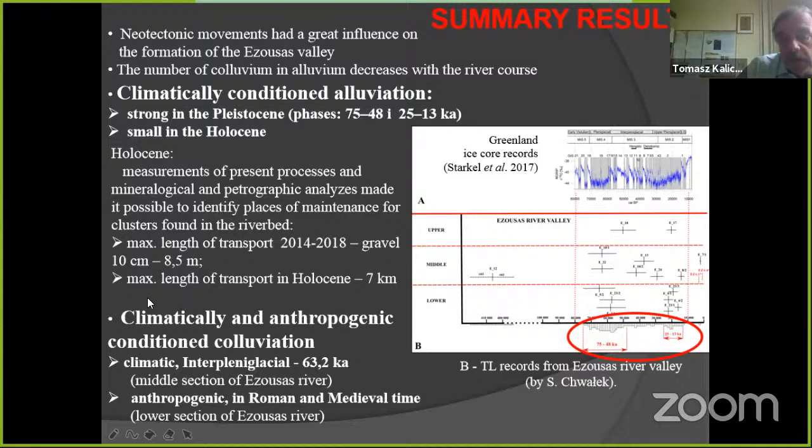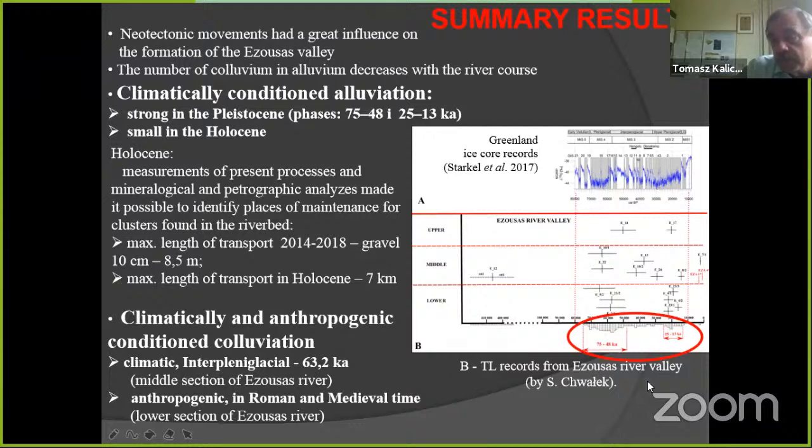If you're looking at the study of the length of transport in the Holocene, the maximum was 7 kilometers. And also in present day, from these 5 years, a gravel of about 10 centimeters was transported only 18.5 meters. And we also have the 2 phases of colluviation.